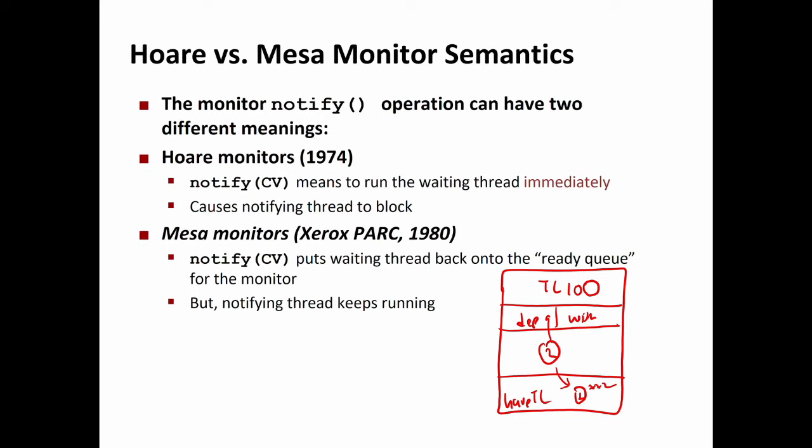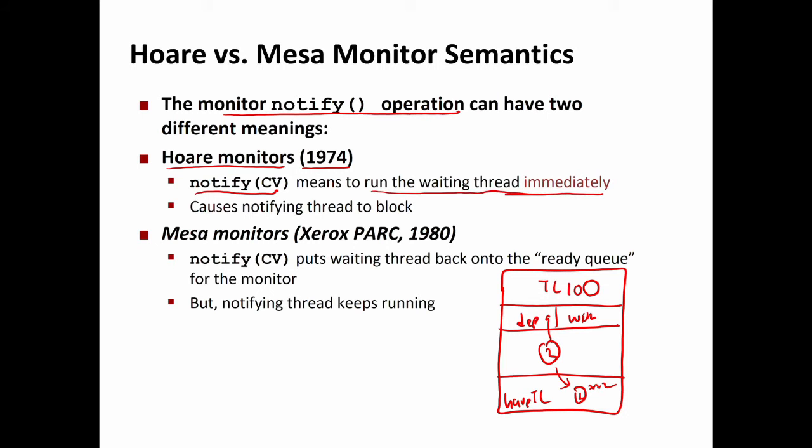There are two possibilities, and these two possibilities are implemented in different monitor types. The first one is the OR monitors that was first proposed. When we say notify a condition variable, it means that we would run the waiting thread immediately.